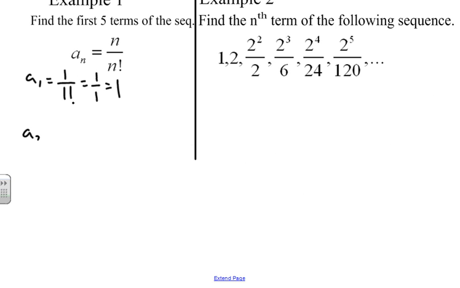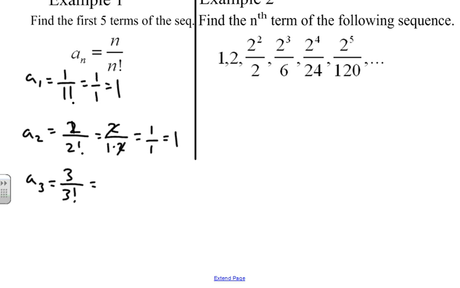For the second value, we have 2 over 2 factorial, which is 2 over 1 times 2. Cancel, cancel. We're left with 1 over 1, which is 1. And you can do this for all of them. For 3, we have 3 over 3 factorial, which is 3 over 1 times 2 times 3. Cancel, cancel. We get 1/2.